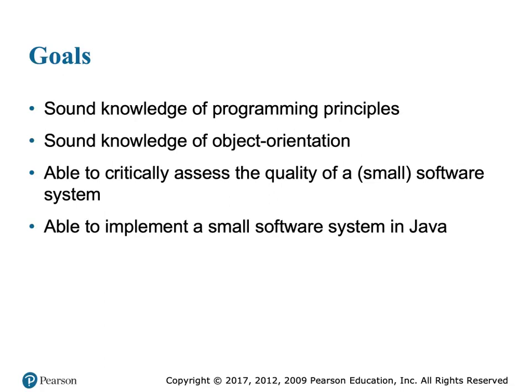And then once I know what those objects are, then begin to worry about how you are going to create the objects to do what you need them to do. We're not going to build massive systems, but we will be able to build a small computer system by the end of this course, and it will get you ready for courses like systems analysis and design. And you'll be able to implement that designed system using Java.